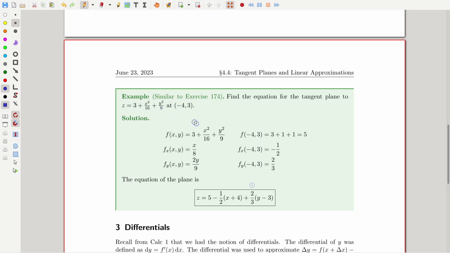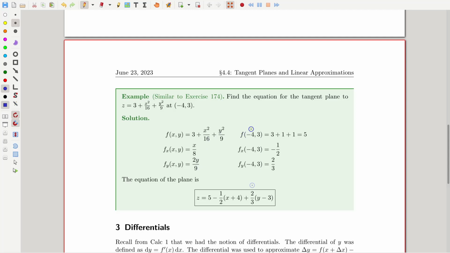So you take your function, you take the x derivative, take the y derivative. Let's slowly think through that. With the x derivative, the other terms go to 0 because they're constant with respect to x, and you just have a 2x over 16. I think that's pretty clear. And then with the y derivative, these two terms go to 0, so you just have this as being non-zero, so you get 2y over 9.